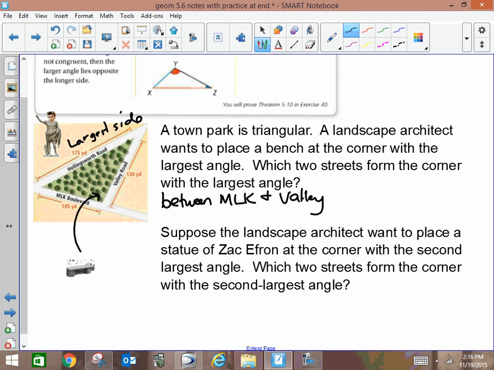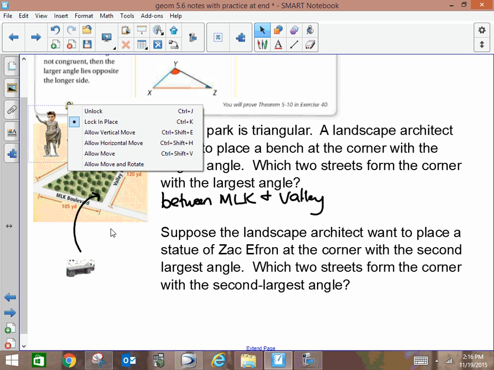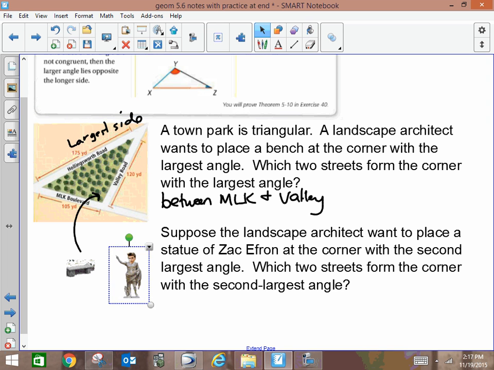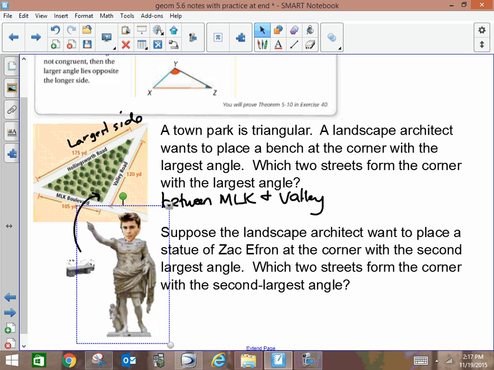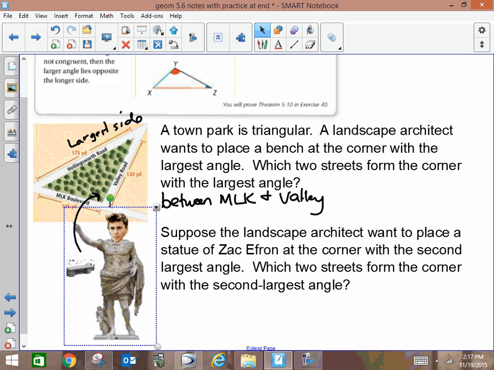Now we have Zach. Statue of Zach. You look good? You could just look at that one all day, couldn't you? Suppose the landscape architect wants to place a statue of Zach at the corner with the second largest angle.